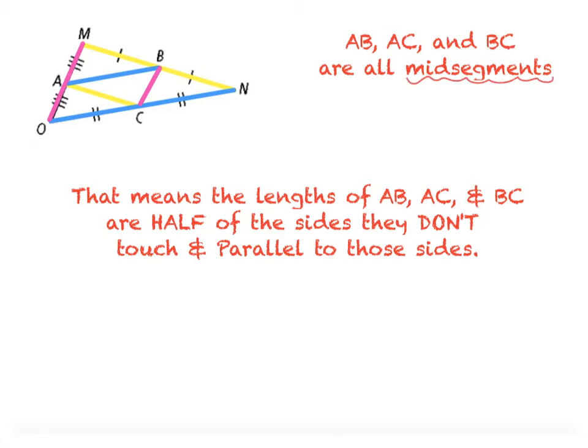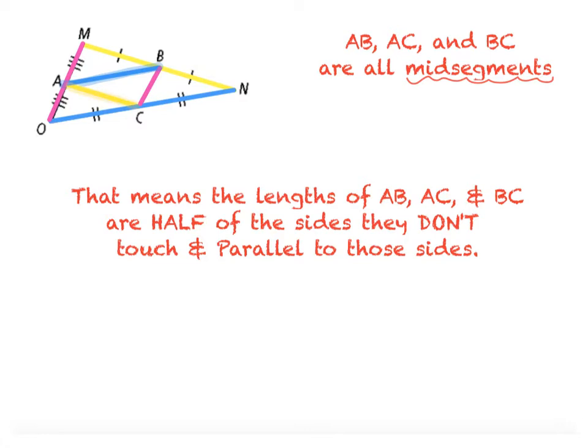So notice this triangle over here. We have segments AB, and that is highlighted here in blue. Segments AC, and that's highlighted here in yellow.